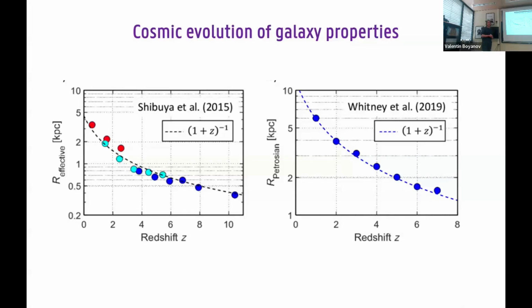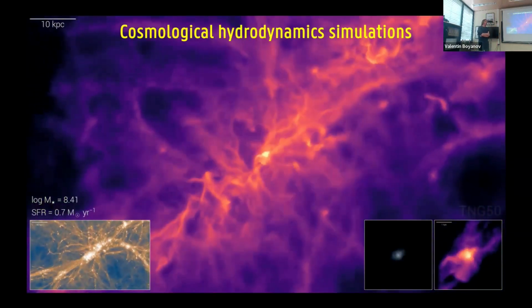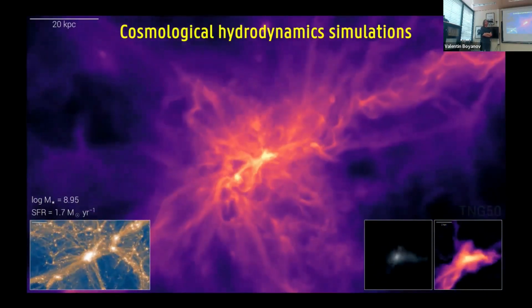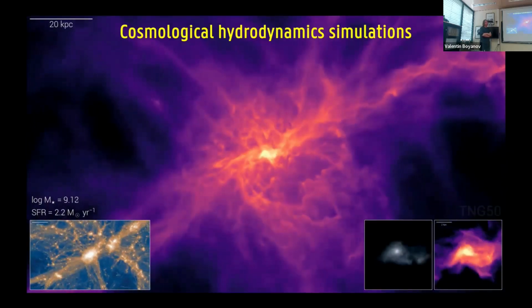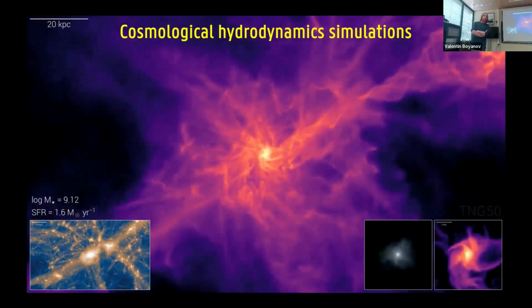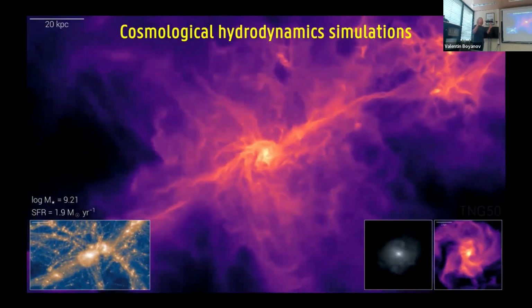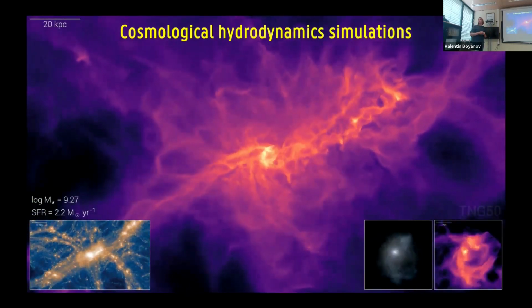Now, that is not so simple, because galaxies are very complex structures, and one way to do that, currently maybe the most popular way, is through hydrodynamic simulations. So cosmological hydrodynamic simulations where you try to follow the formation of not a single galaxy, but a whole population of galaxies through more or less first principles.